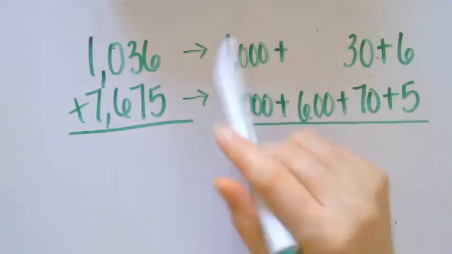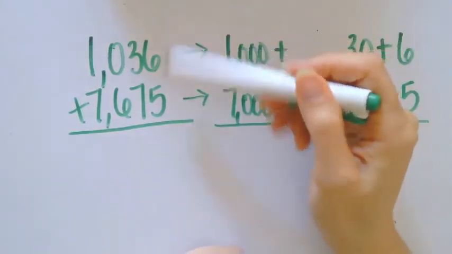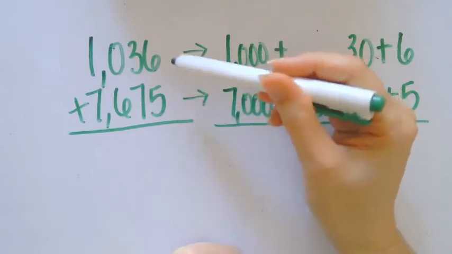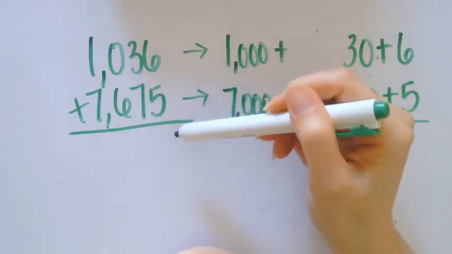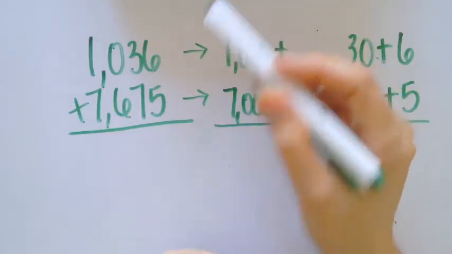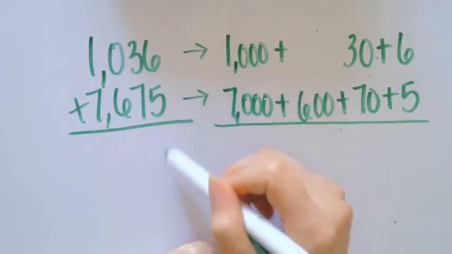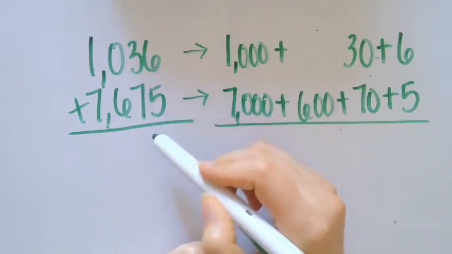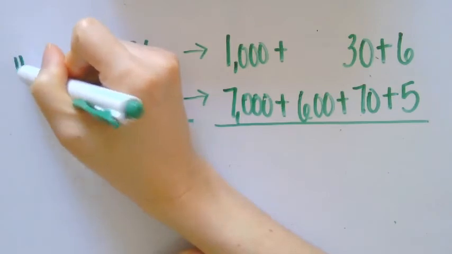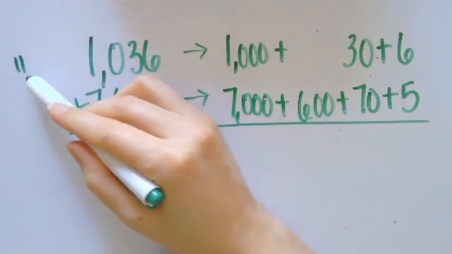All right. Using my standard algorithm, I need to always, of course, start with my ones place. 6 plus 5 is 11, but I can't write an 11 here. There's only room for one digit under my ones place. Okay, what we've been doing before was writing the number so we know what it is, okay?